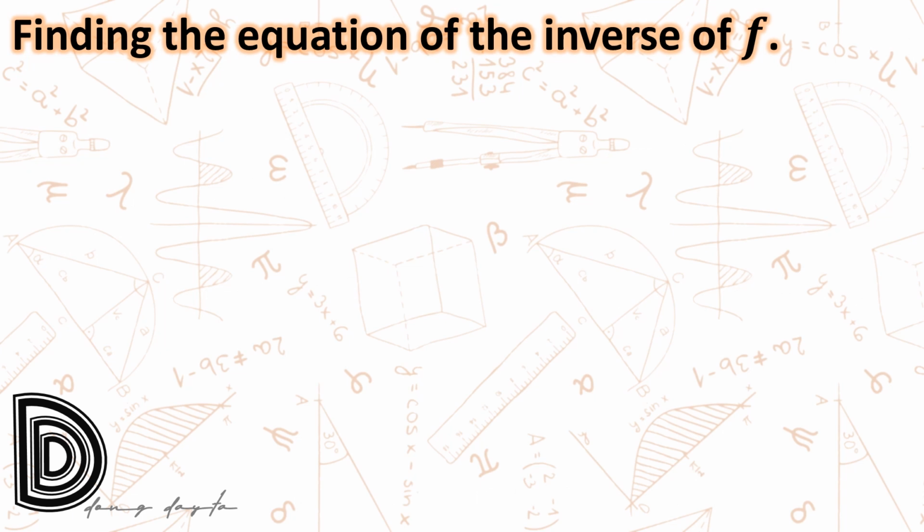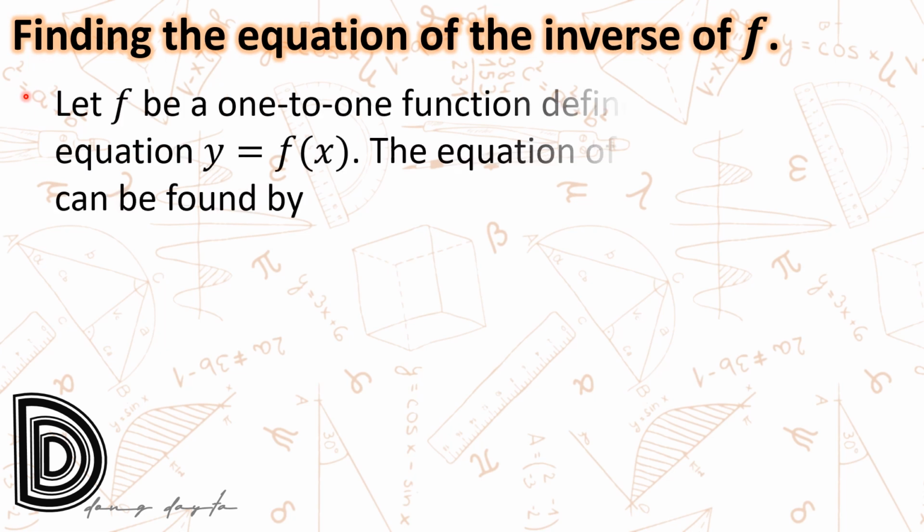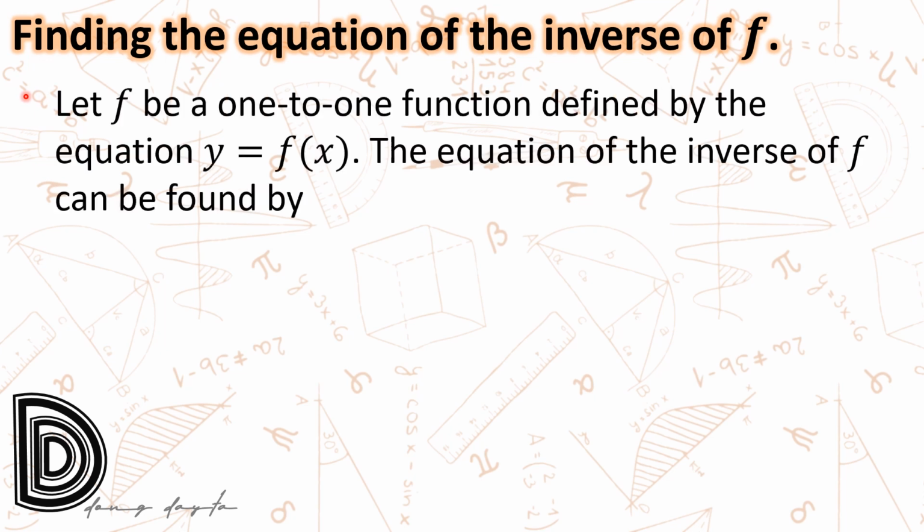Let us go to finding the equation of the inverse of a function f. Let f be a one-to-one function defined by the equation y equals f of x. The equation of the inverse of f can be found by the following steps. Exchange x and y.